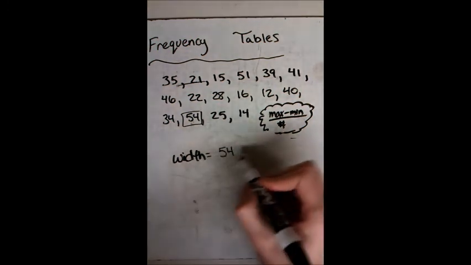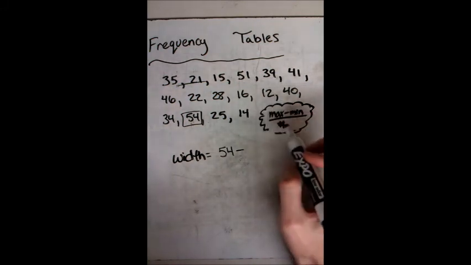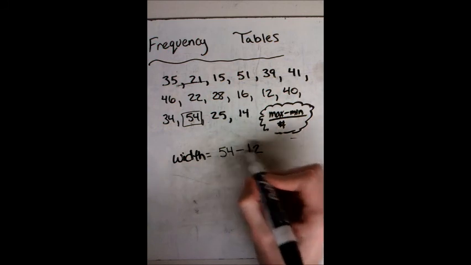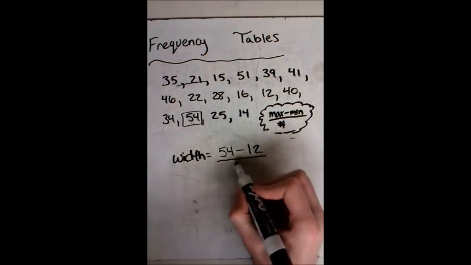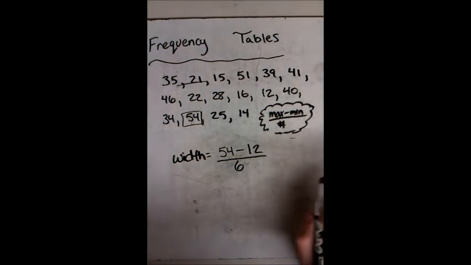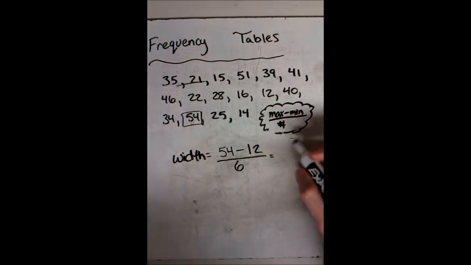And then the smallest would be 12. So it's the max minus the min divided by the number of classes that we want. We want 6 classes, is what the problem told us. So 54 minus 12 would be 42. If I divide that by 6, I get 7.